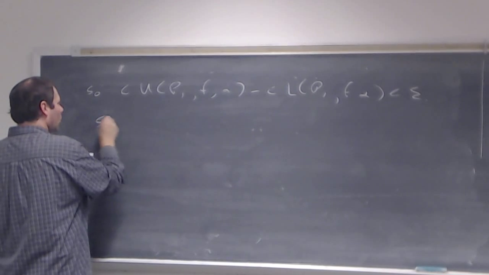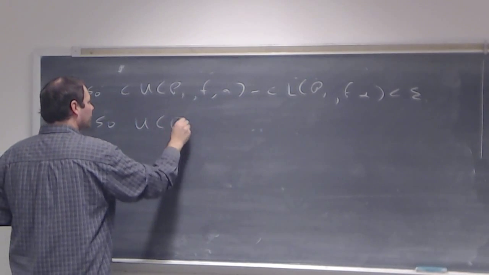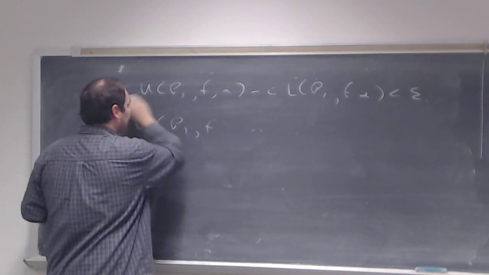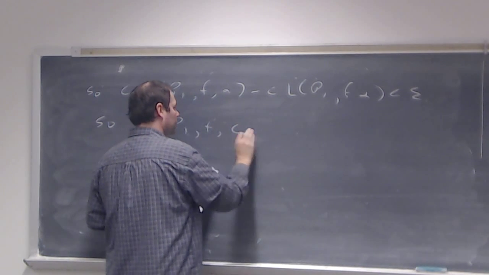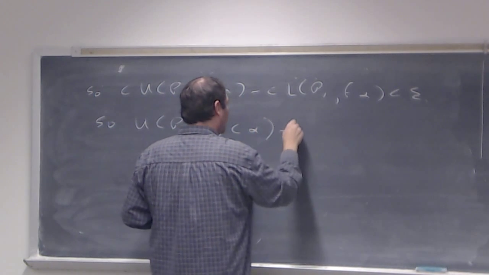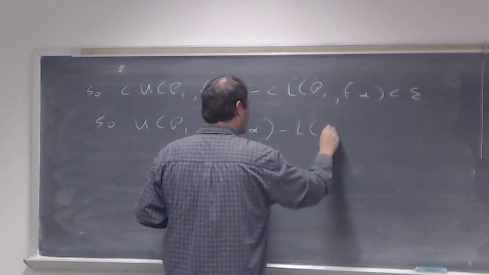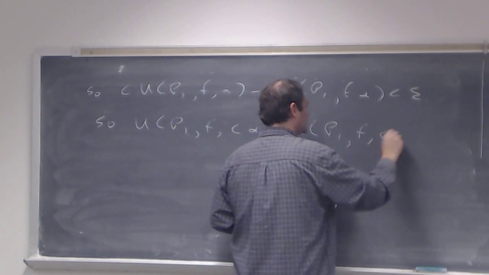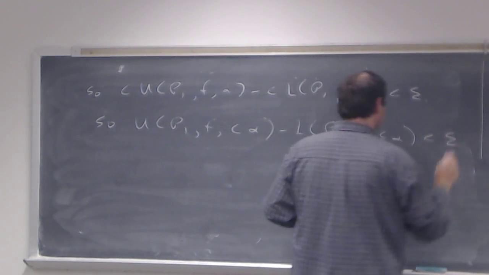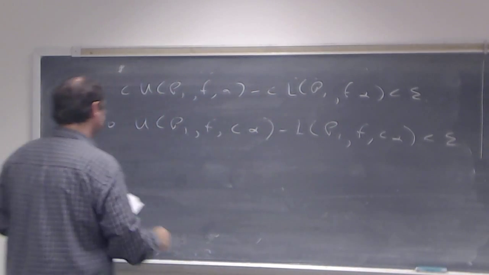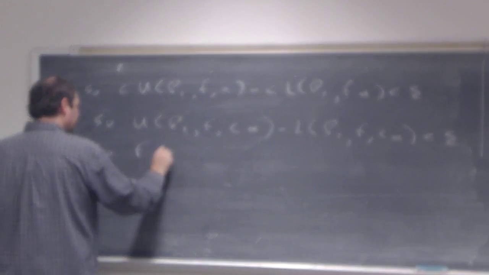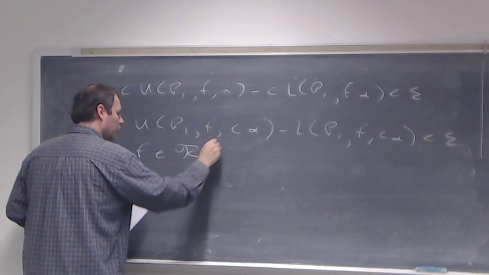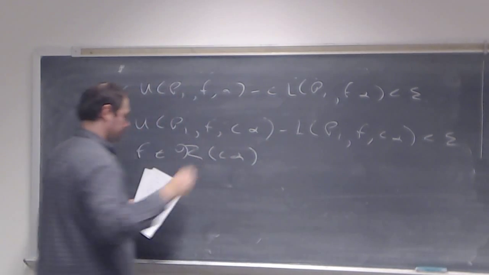Well, this is nothing more than the upper sum with P sub 1, F, and, since I can bring that C inside, which is what we've proven, C alpha, minus the lower sum with this partition, F and C alpha. That would be less than epsilon. And so that establishes F being Riemann-Stieltjes integrable with respect to C alpha.